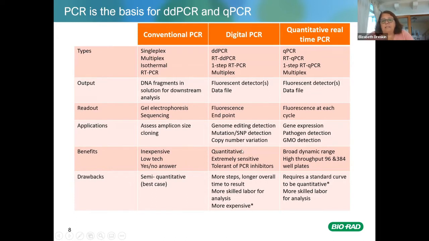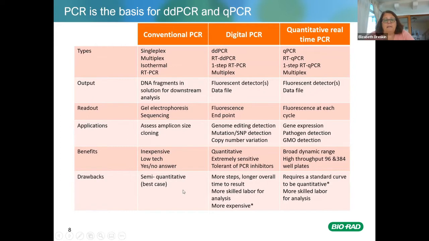Droplet Digital PCR is quantitative, it's extremely sensitive, and it's tolerant to PCR inhibitors. Real-time PCR has a broad dynamic range, allows for higher throughput in that you can use the 96 or 384 well plates.